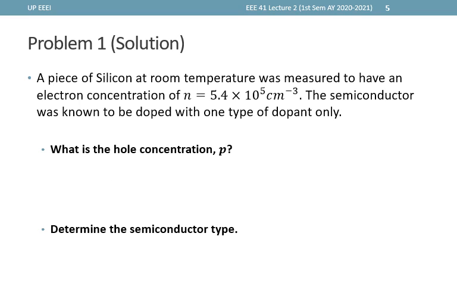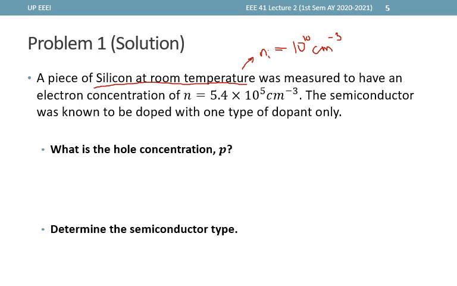So for the first question, what is the hole concentration? Note that we are given a piece of silicon at room temperature. So for this material, we have ni is equal to 10 to the 10 per cubic centimeter.